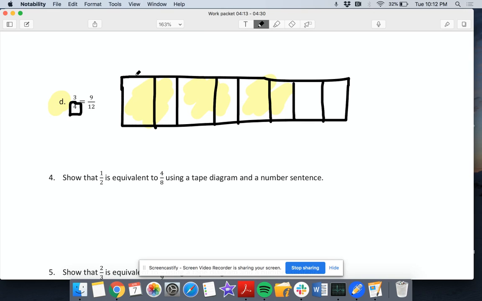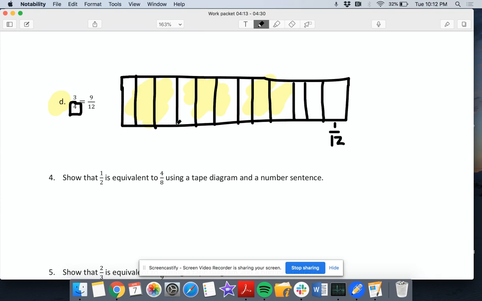Let me try to add one more box into each of the original boxes. How about now? 1, 2, 3, 4, 5, 6, 7, 8, 9, 10, 11, 12. Yes, I finally did get to 12. So now each unit fraction would be 1 over 12, right? Yep.